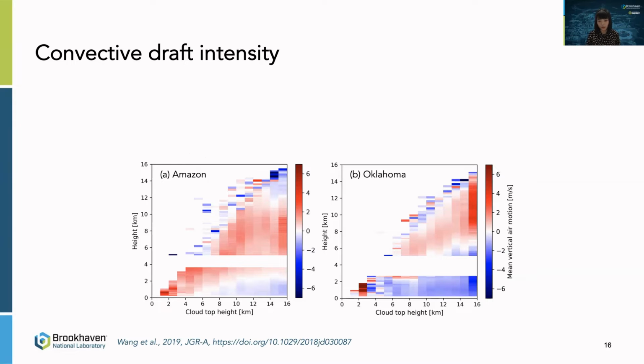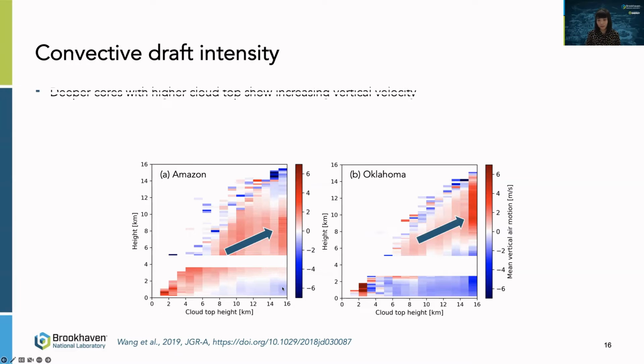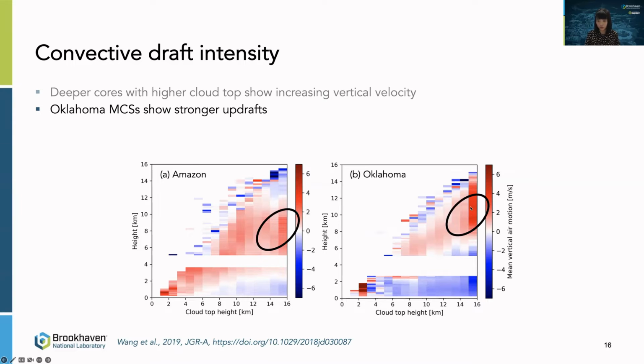For example, when you have a higher cloud top height, you are most likely in the deeper center of the storm. So as expected, you have a stronger vertical air motion here, and it's much stronger for Oklahoma cases compared to the Amazon, because we have a stronger background forcing and greater instability, as you saw in the previous slide.